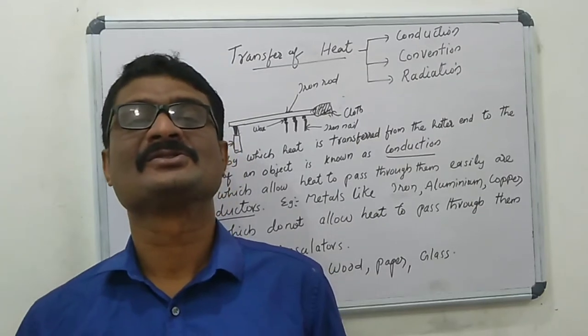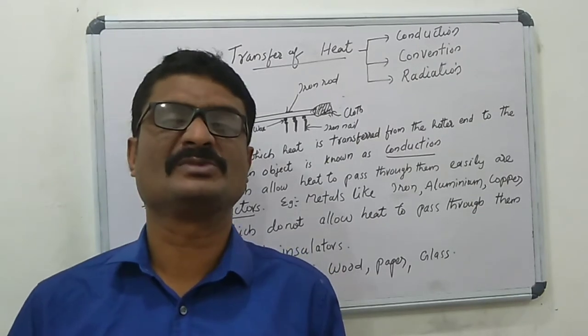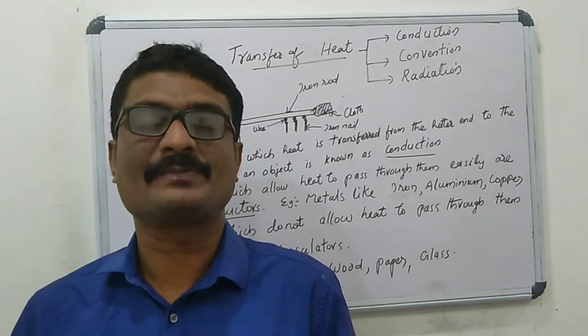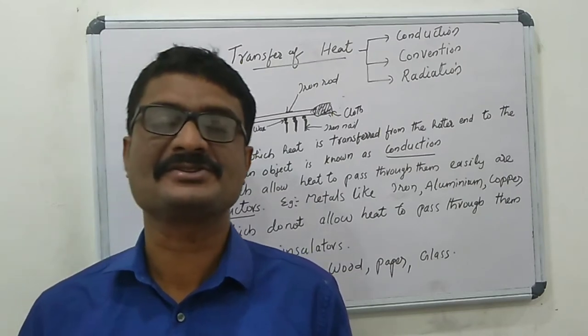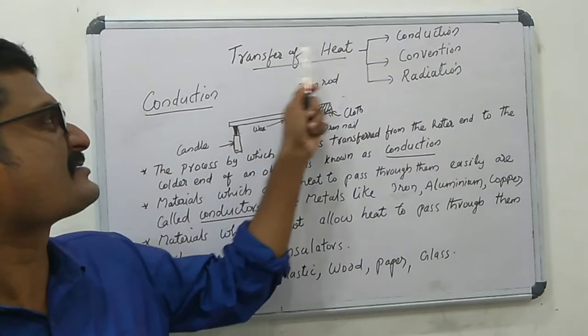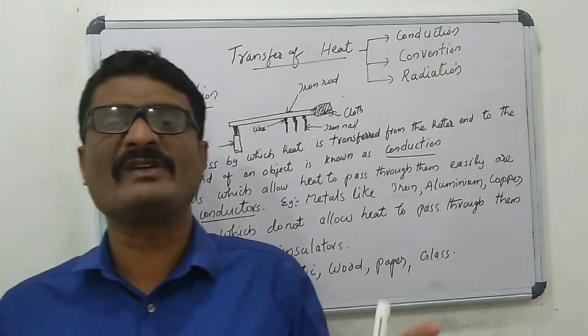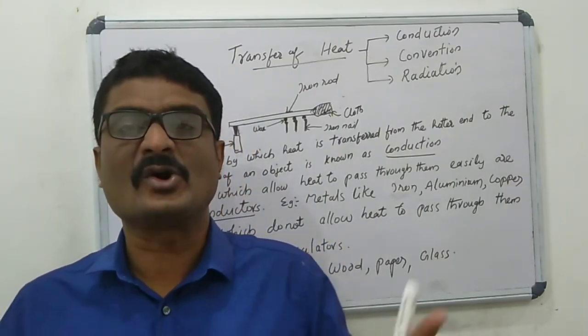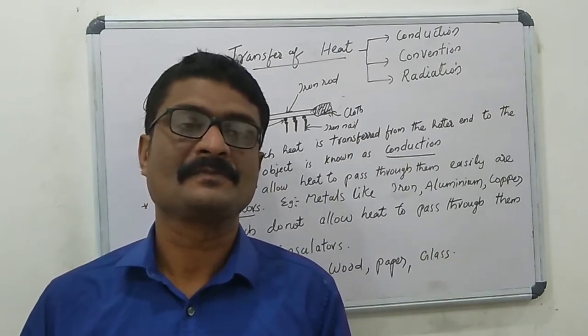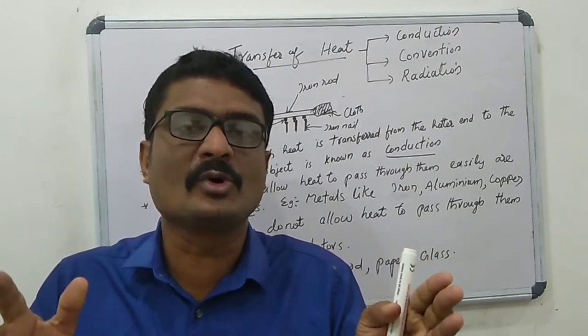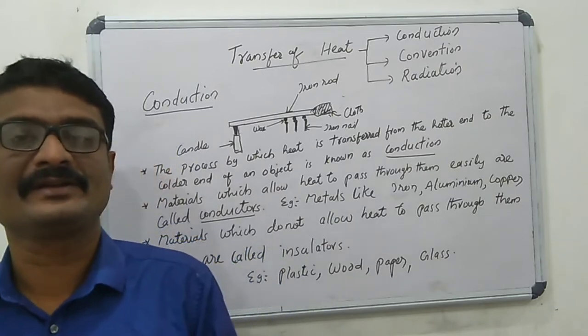Students, today I am going to discuss a new topic from the chapter heat, that is transfer of heat. Heat always flows from a hotter body to a colder body.